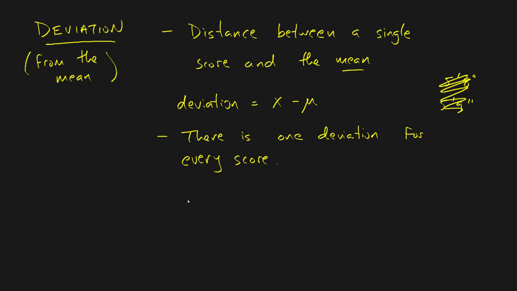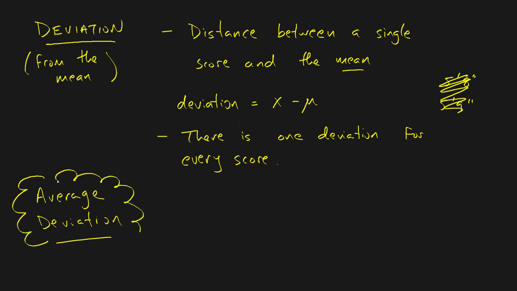So what we tried to do is to find an average of all of the deviations. So I'm going to put that here, the average deviation. Now, the average deviation is not really something that we use in statistics. It was just an idea that would have worked, or it makes sense, but it didn't actually work out.